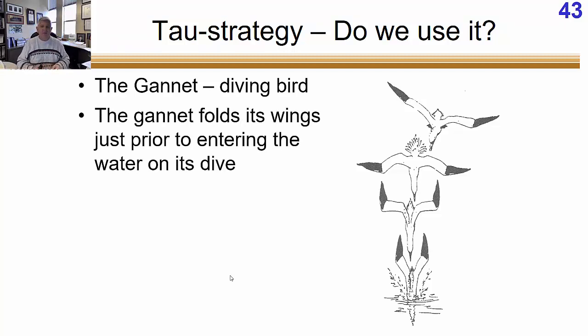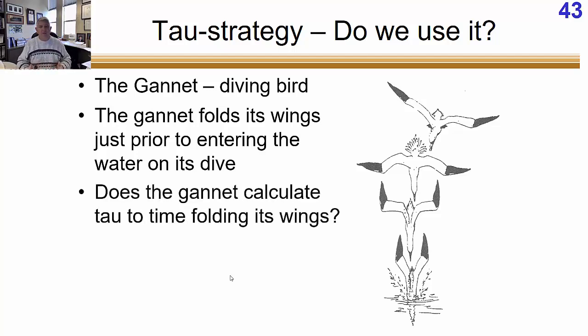So it has to judge the collision with the water and wait till just the last spot to fold its wings in. And so the question researchers wanted to know is, does the gannet do a tau calculation to time the folding of its wings? And they could observe this if they look at the height and time the speed, and then look at when does the bird fold its wings.